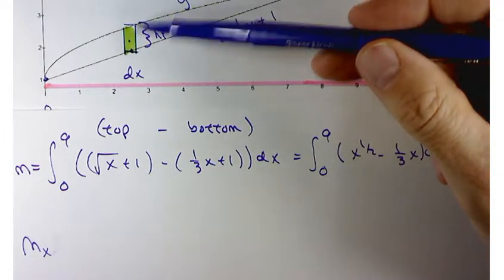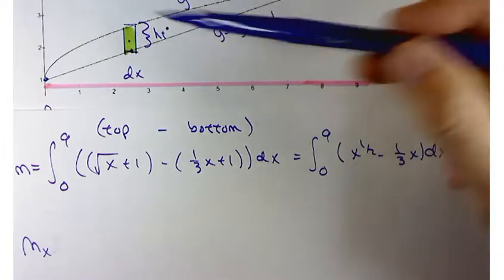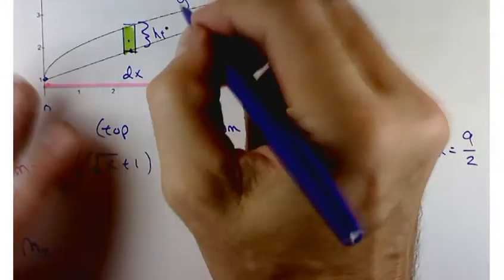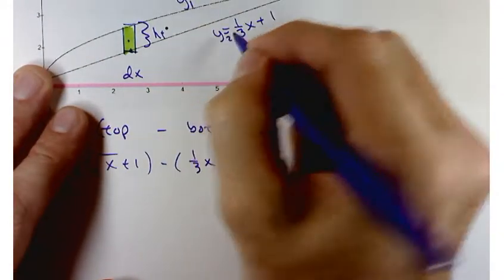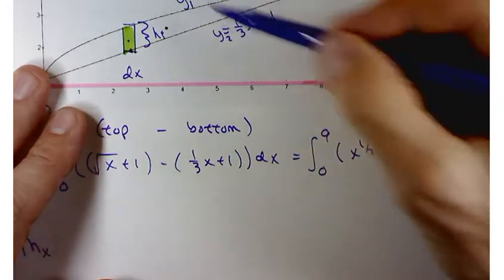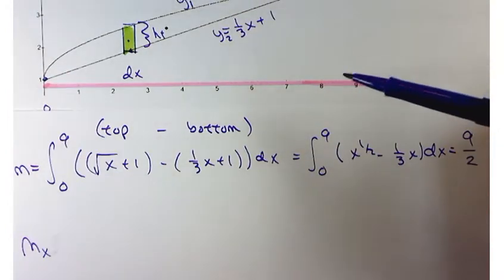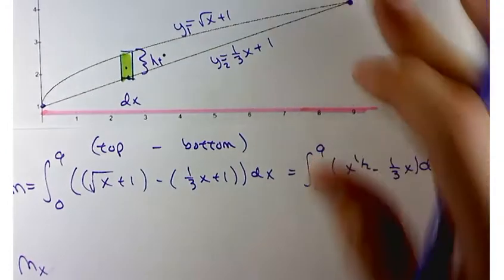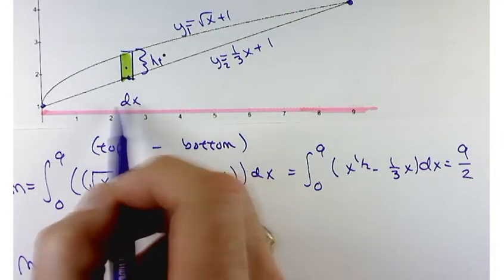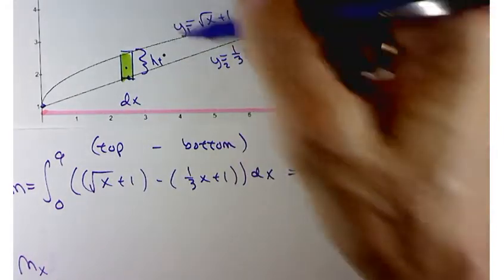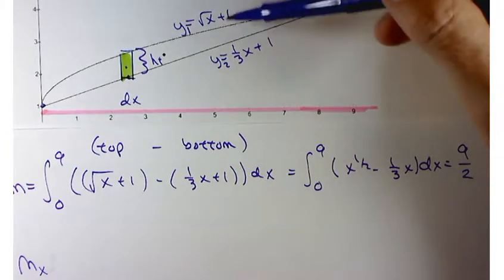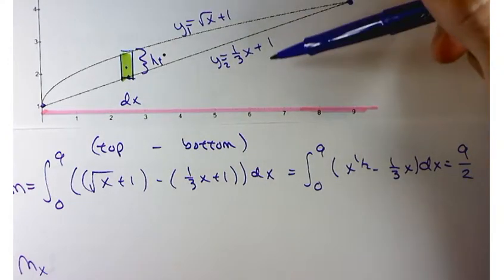Well, you can do it in terms of y's. You call this y1 and y2. It's going to be y1 minus y2 is the height. But then you're going to multiply that height times a dx. So I probably don't want y2 minus y1. I want to do it in terms of x's, right?